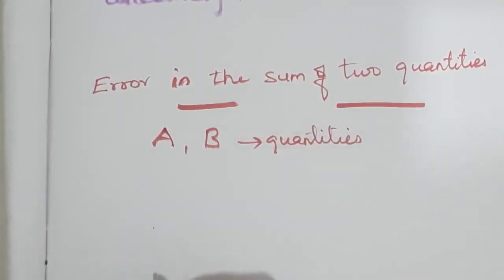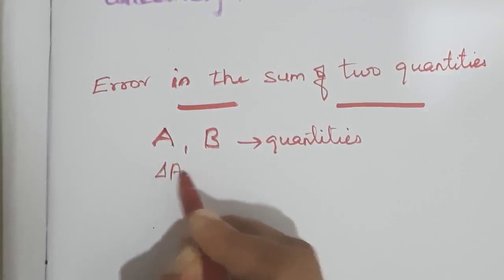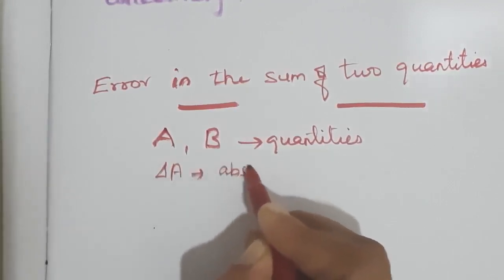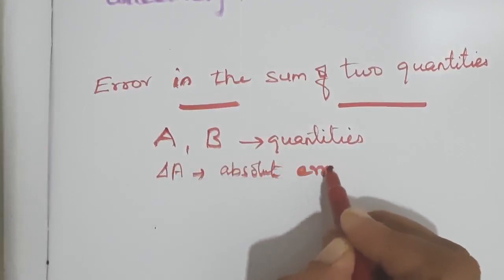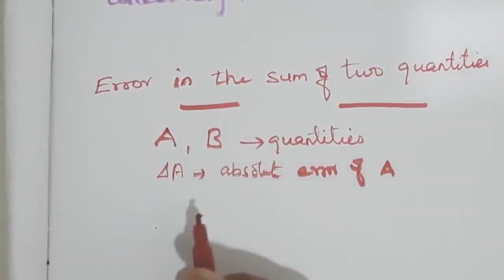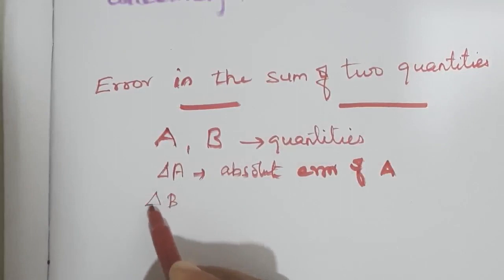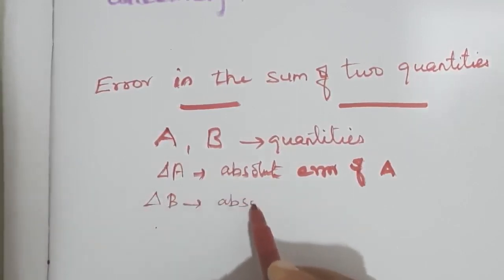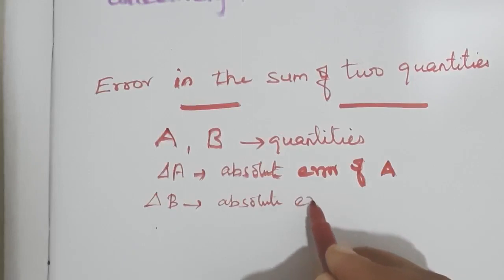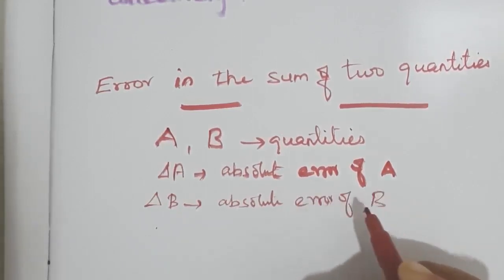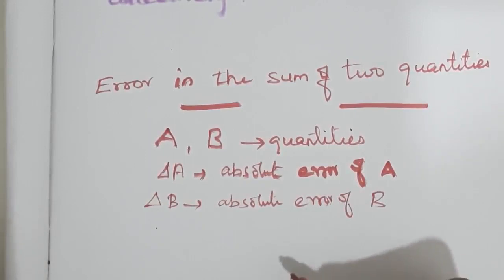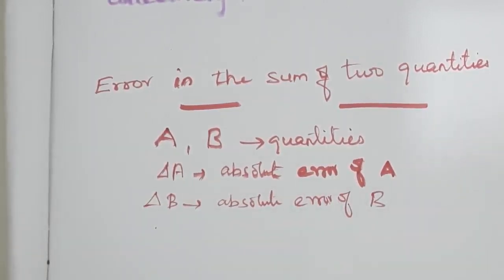Now, let delta A and delta B be the absolute errors of these two quantities. Delta A be the absolute error of A and delta B be the absolute error of B. Now we have to add, so how do we combine the errors?